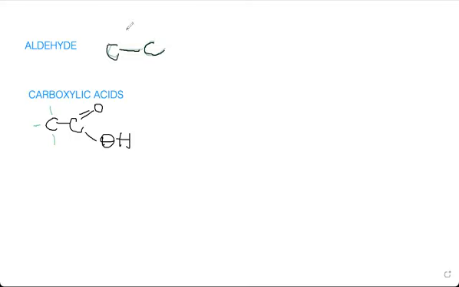In carboxylic acid, there is a double bond with the oxygen. In aldehyde, there is also a double bond with the oxygen. What is the difference then? Here we have OH, and here we have only hydrogen. This is aldehyde. Now you can learn aldehyde very easily. Aldehyde is new for you. You haven't discussed aldehyde in O levels. It was not included. So you can see the double bond. What is this? Aldehyde.